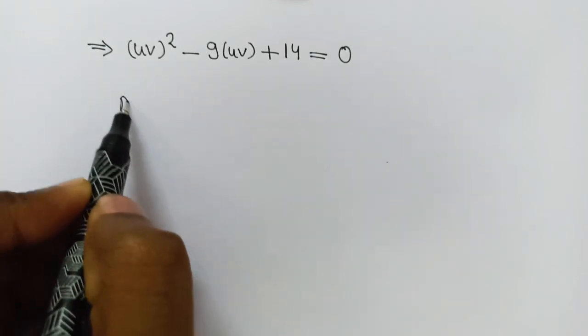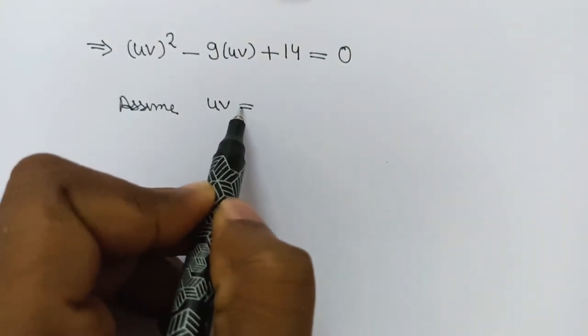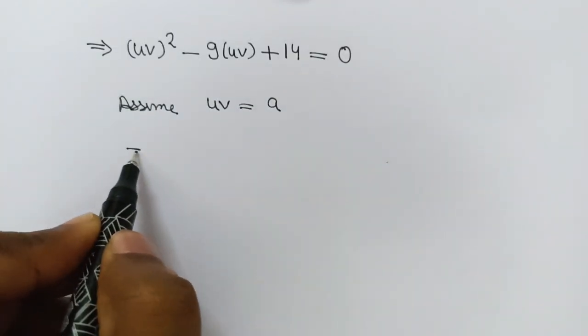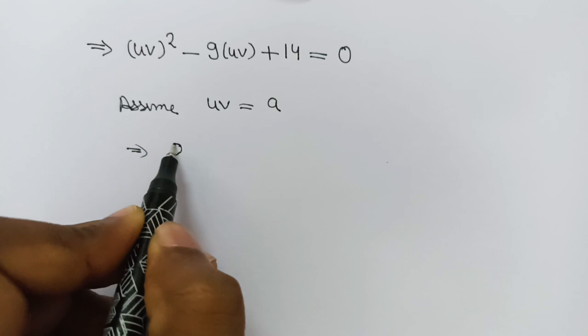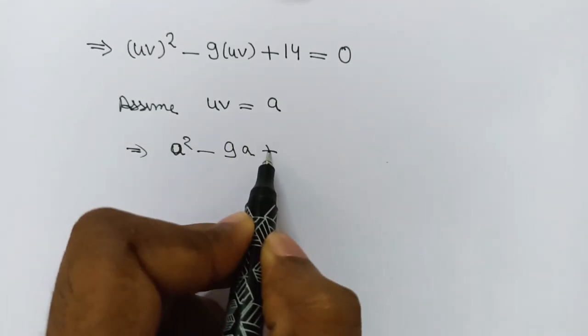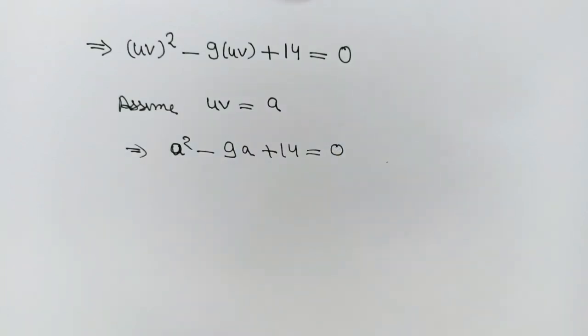Now assume uv is equal to a, then this whole value will become a square minus 9a plus 14 is equal to 0, which is a quadratic equation.